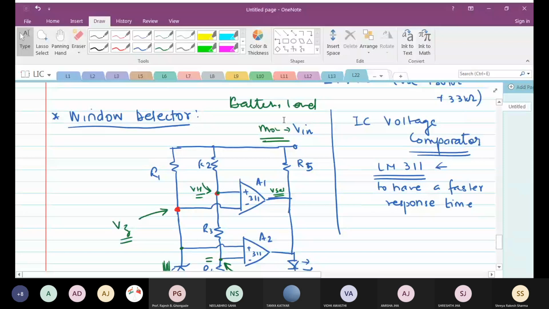These two comparators are actually connected in parallel with the LED. You can see here.